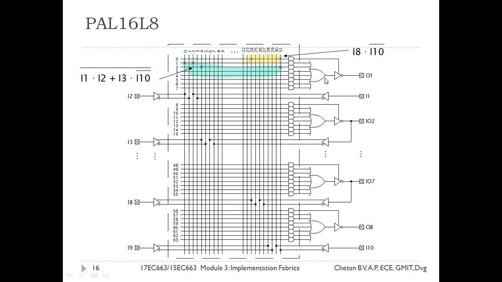So at the output of this OR gate, we get I1.I2 plus I3.I10 bar. At the output of this tri-state driver, we get this complete function, which is I1.I2 plus I3.I10 bar, whole bar. So here you can implement AND or invert type of functions using this PAL16L8.